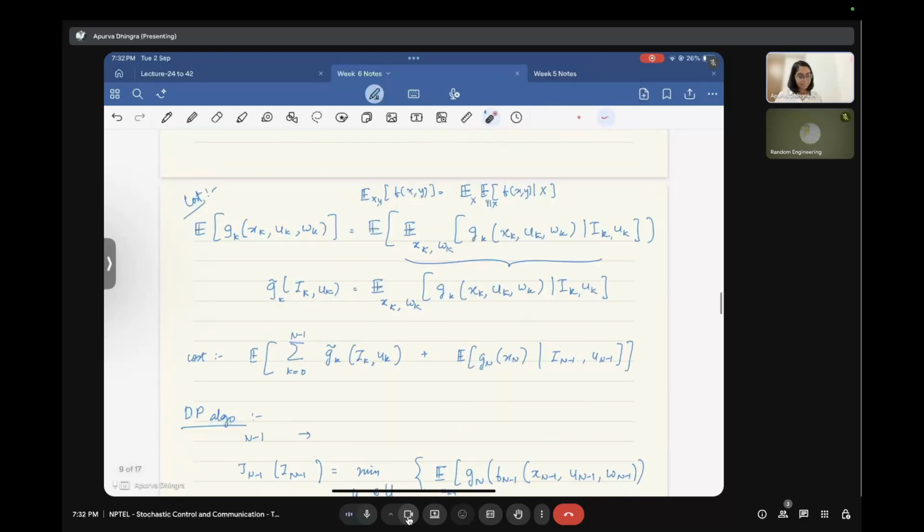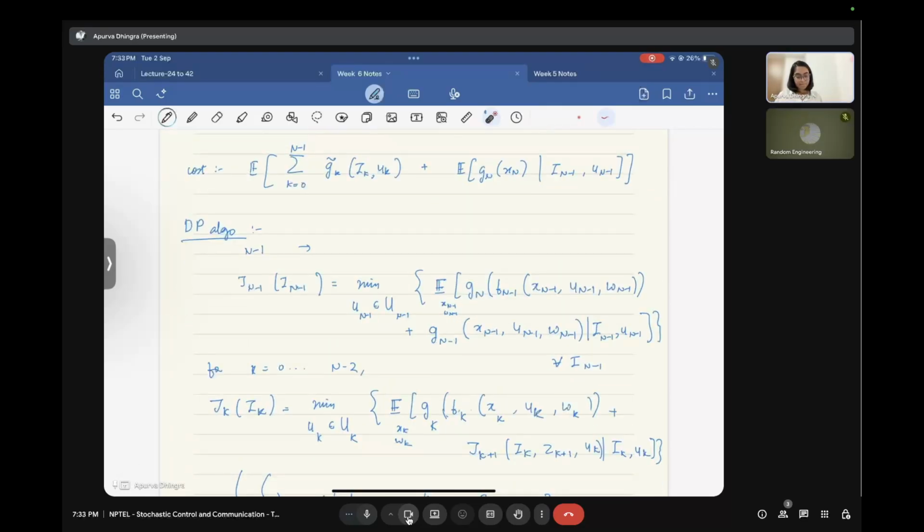Okay. Yeah. So now the same DP structure is repeated for n minus 1, where we're trying to find out what is the action to be taken at n minus 1, where gn of this state is to be calculated, so that's the terminal cost, but for the particular realization of these x, u and w.